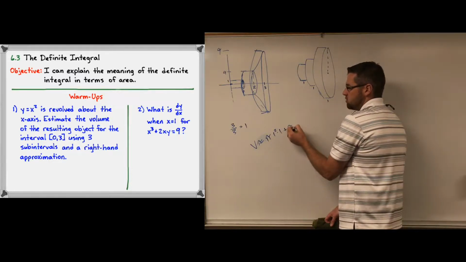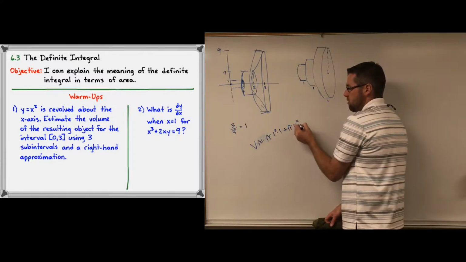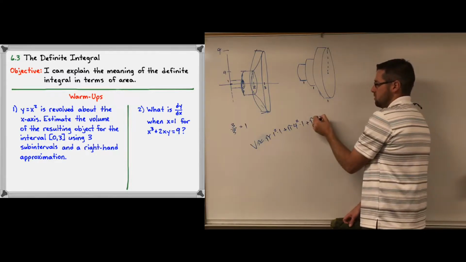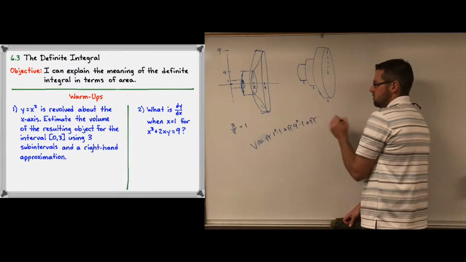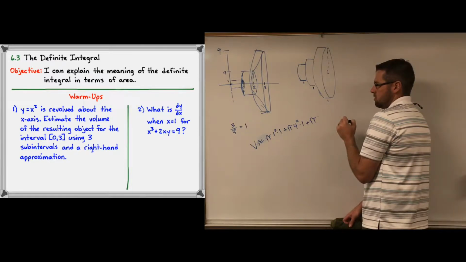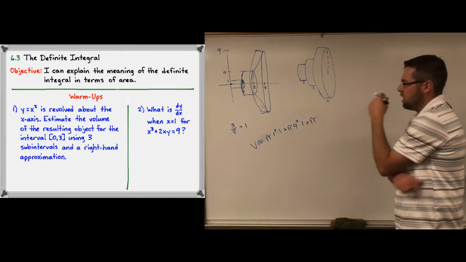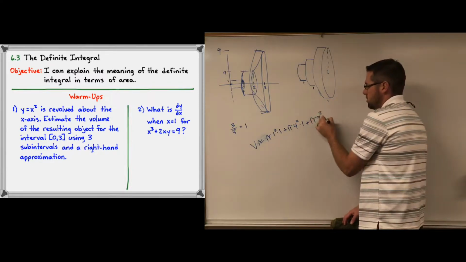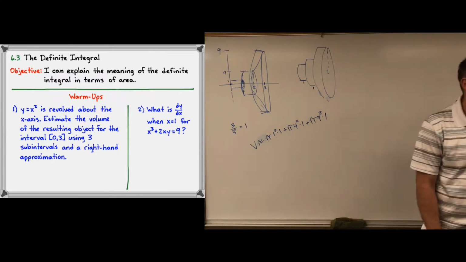Plus pi times, what's the radius of the second one? So it'd be 4 squared times 1 plus pi times, wait a minute, hold on. Yeah, 9 squared. Christina, did I tell you something wrong?